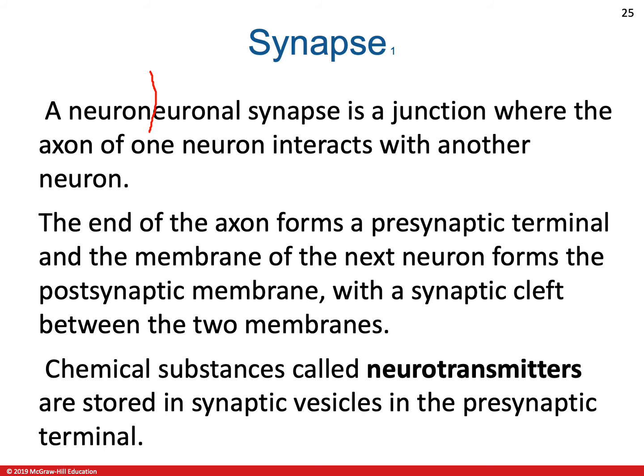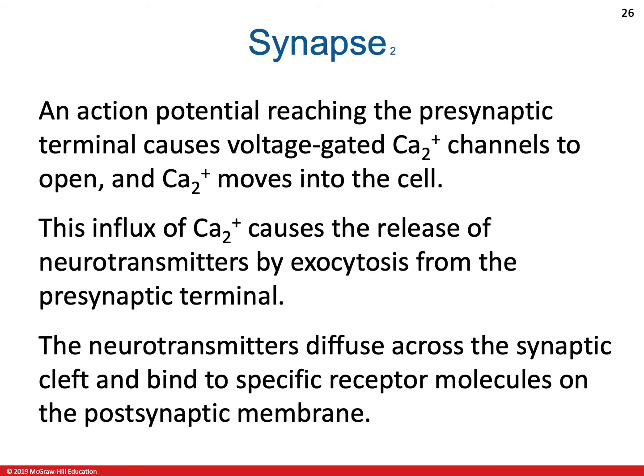Chemical substances called neurotransmitters, again, are stored in the synaptic vesicles in your presynaptic terminal. It's the same as with skeletal muscle. An action potential reaching the presynaptic terminal will cause the voltage-gated calcium channels to open, and once open, calcium moves into the cell.